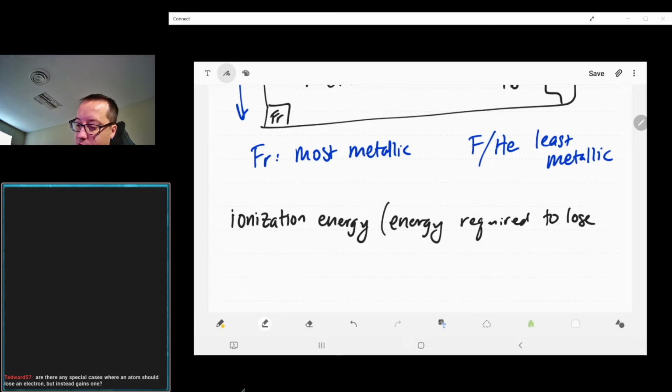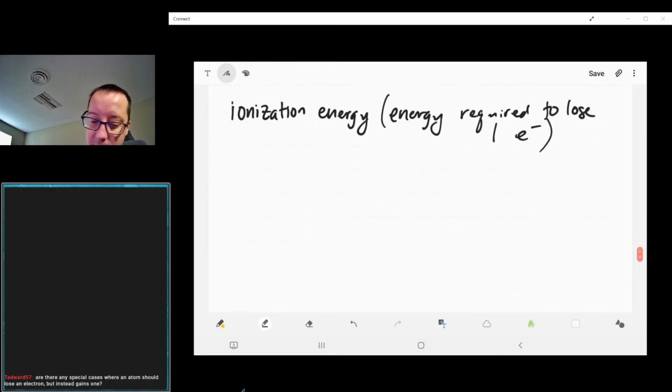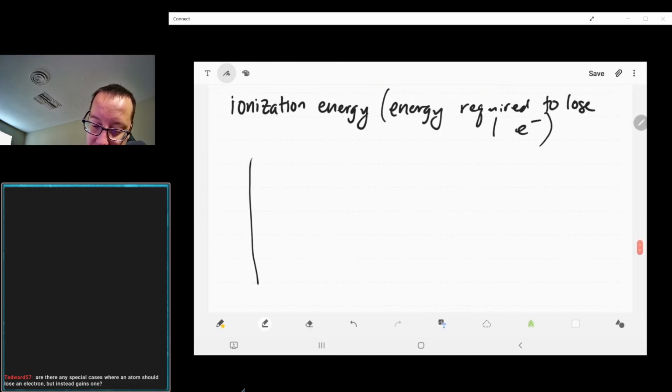And that's the energy required to lose an electron. It always takes energy to lose an electron. And we're going to see that the ionization energy is going to be our way of measuring that. And we can go ahead and look on the periodic table.